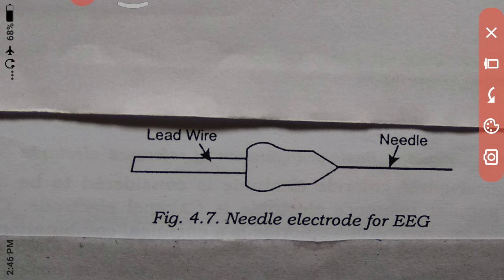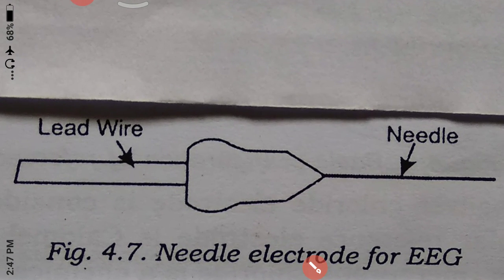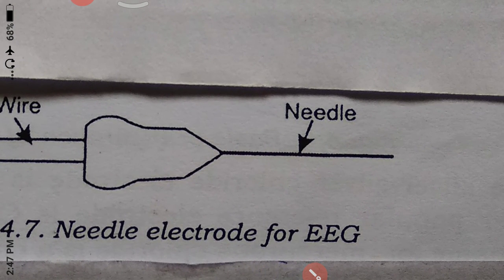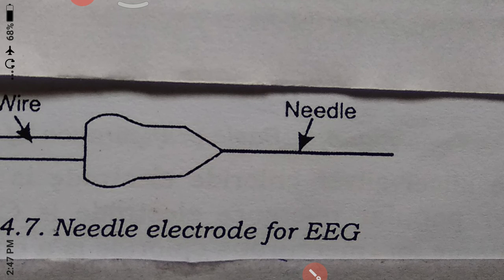This is your lead. The top one is a positive electrode and the one below is a negative electrode. This is your needle, and this needle can be inserted into the human brain.